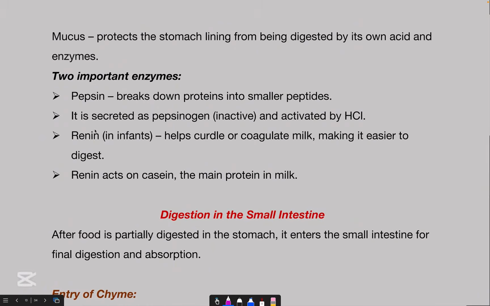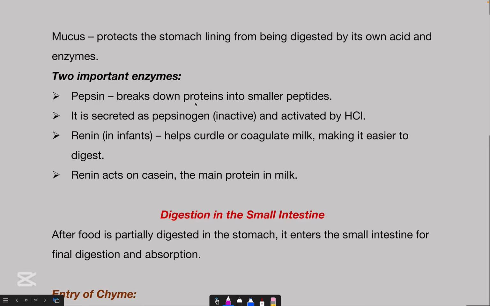Also, the mucus present in the stomach prevents the acid itself from affecting the walls of the stomach. Now, there are two important types of enzymes that you find in the stomach.